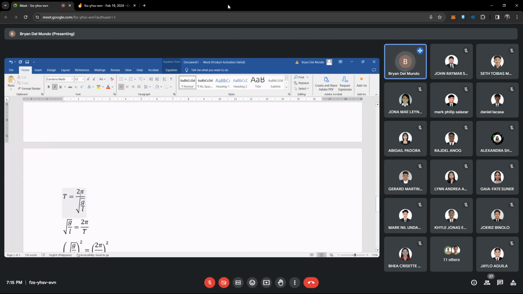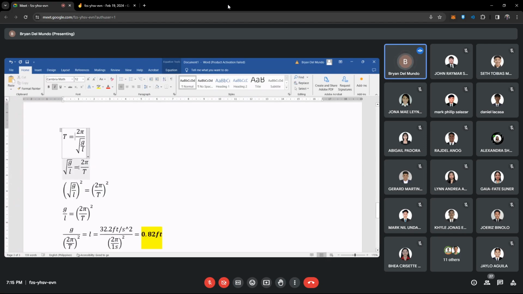So now we substitute our formula of omega n into the formula of our period, and we have T is equivalent to 2 pi over square root of g over L.